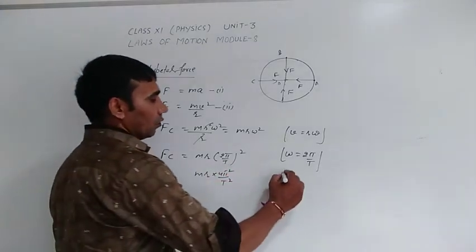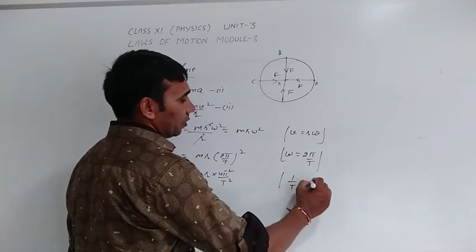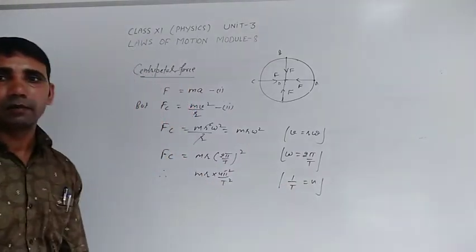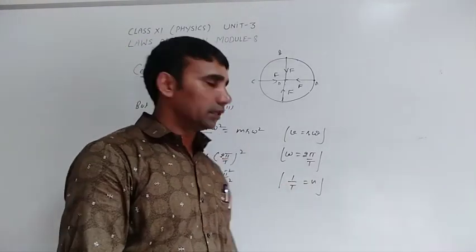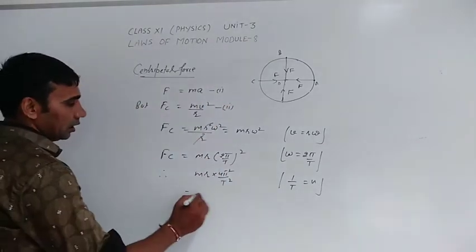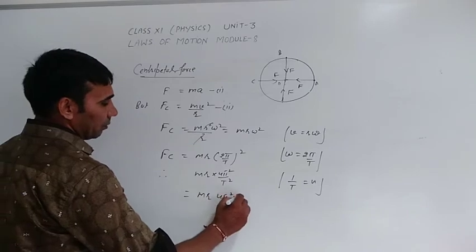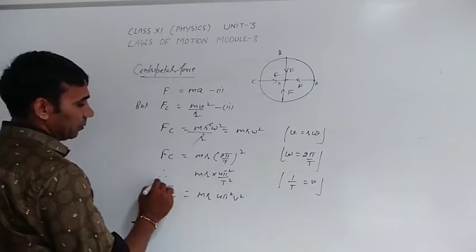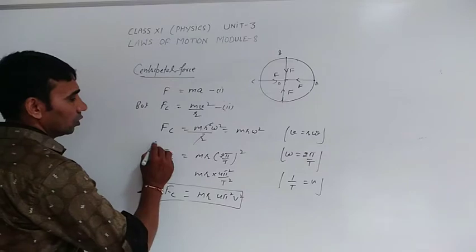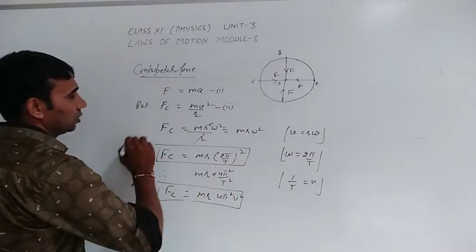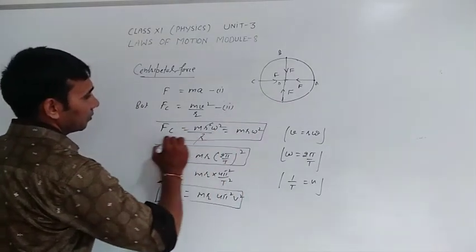But 1 by T is equal to frequency nu. Therefore this relation can be m r 4 pi square nu square. That is also centripetal force.